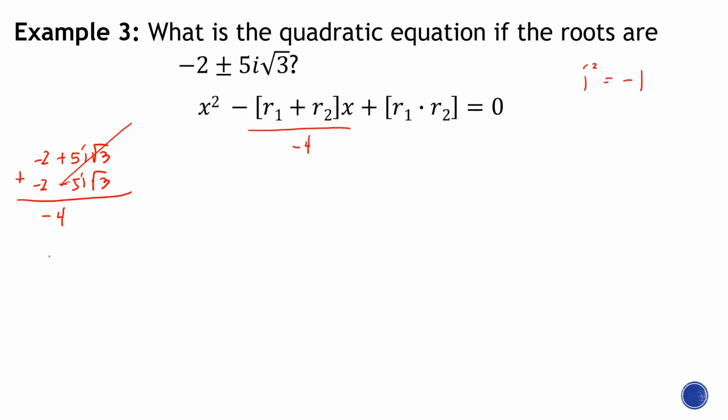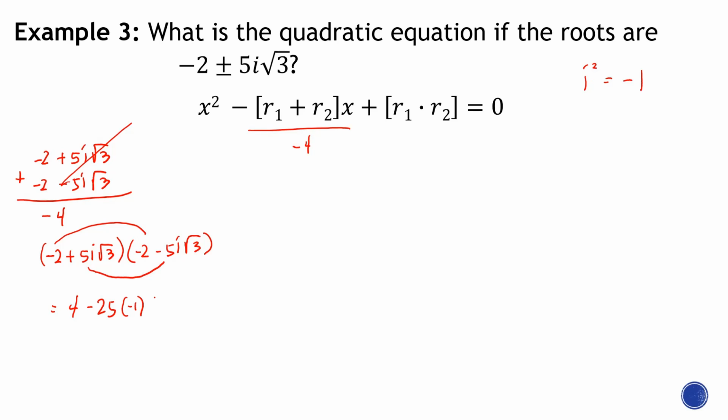And then let's multiply the two. Negative 2 plus 5i square root of 3 multiplied by negative 2 minus 5i square root of 3. So negative 2 times negative 2 is equal to 4. 5 times negative 5 is equal to negative 25. i times i is i squared, and i squared equals negative 1. So I will replace that i squared by negative 1 automatically.